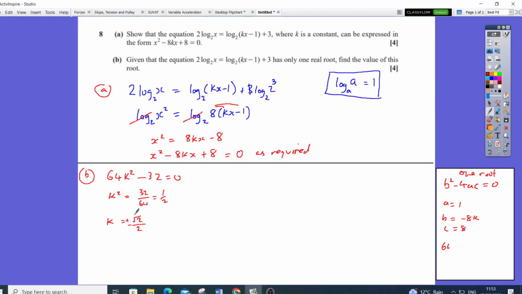So now let's go and find out what the roots are. So we're going to go back to this equation, which we proved here, and find out what the roots are. So we know, let's just separate this.